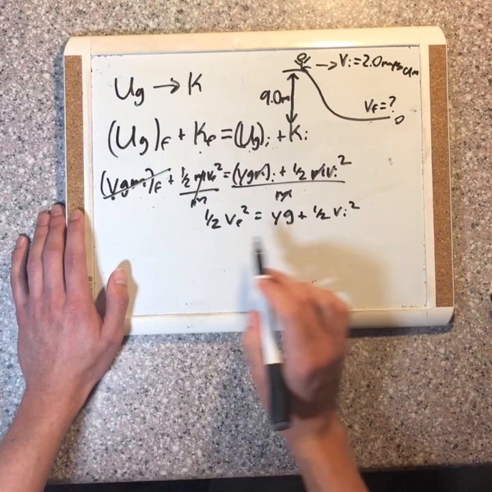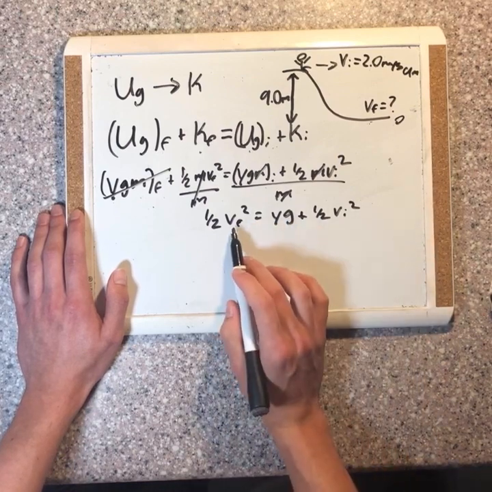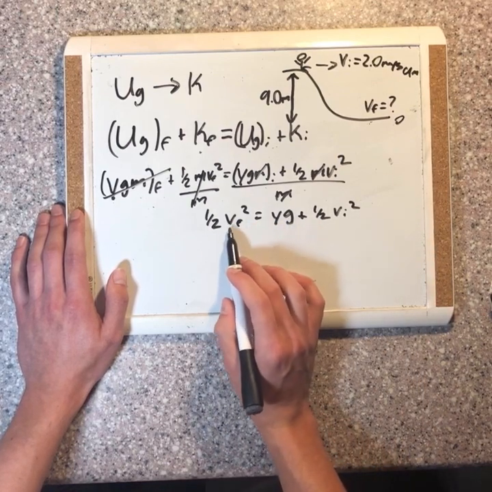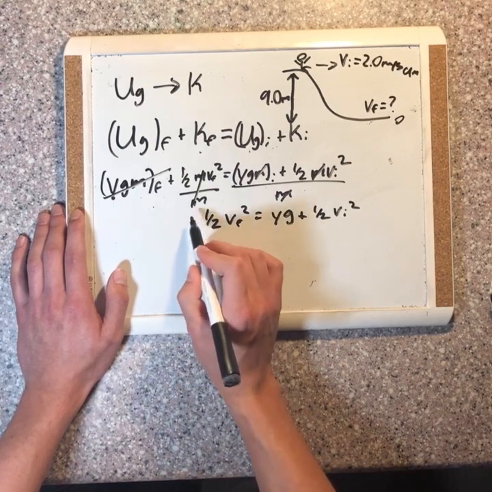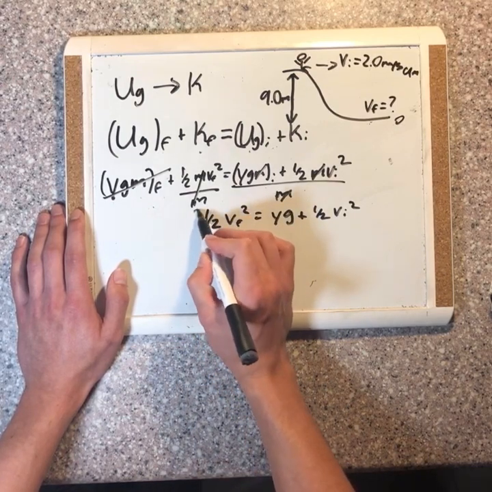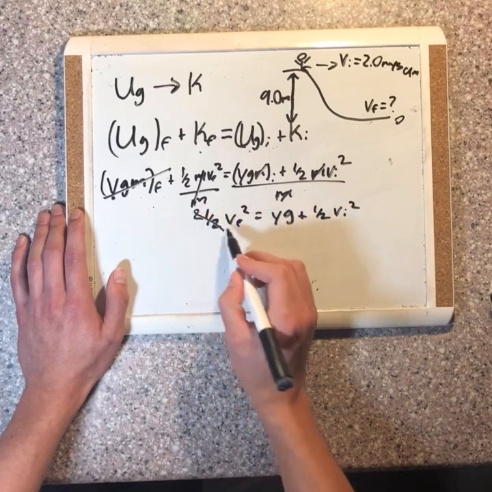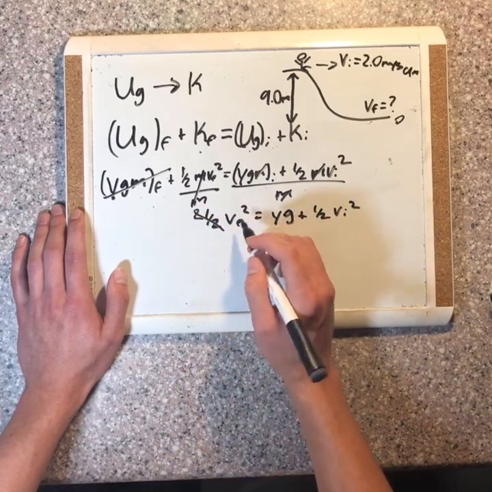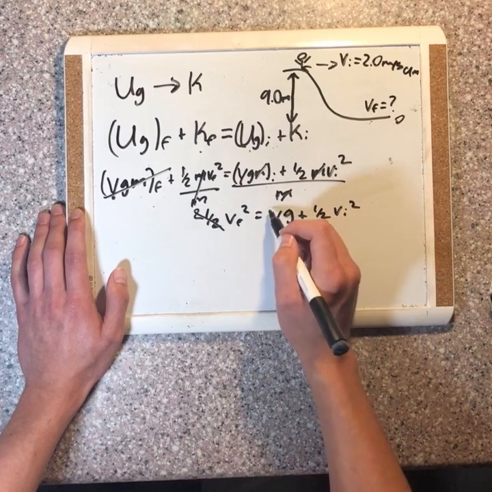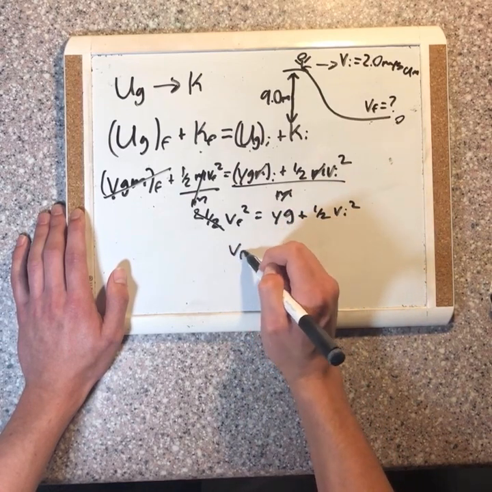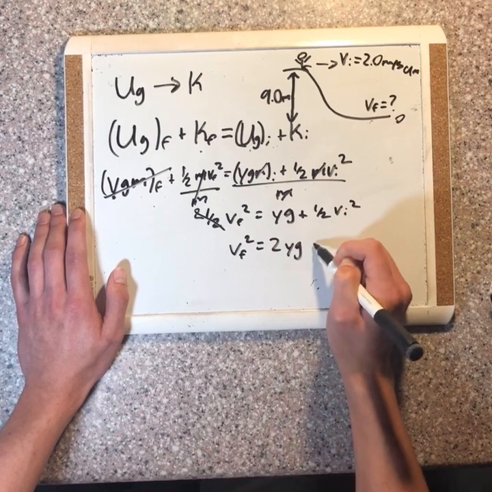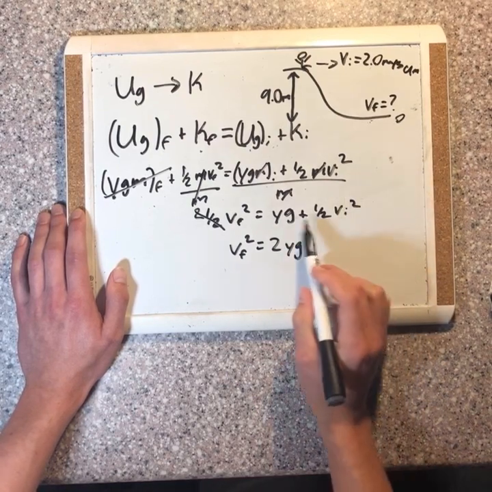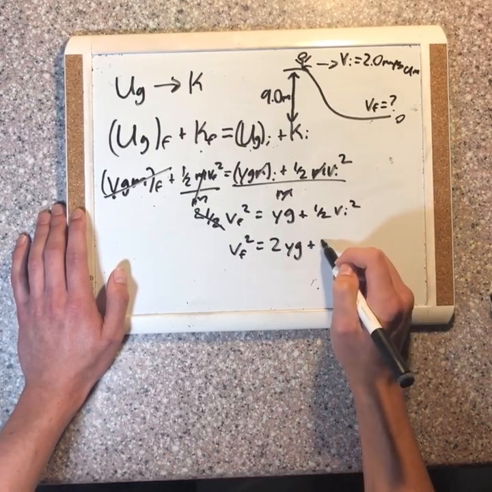So we're moving right along, and we just need a little bit more to get v final by itself. First, cancel out this half by multiplying by 2, and we have to do it to the other side. So v final squared is equal to 2 y g plus 1 v initial squared, because 2 times 1/2 is 1.